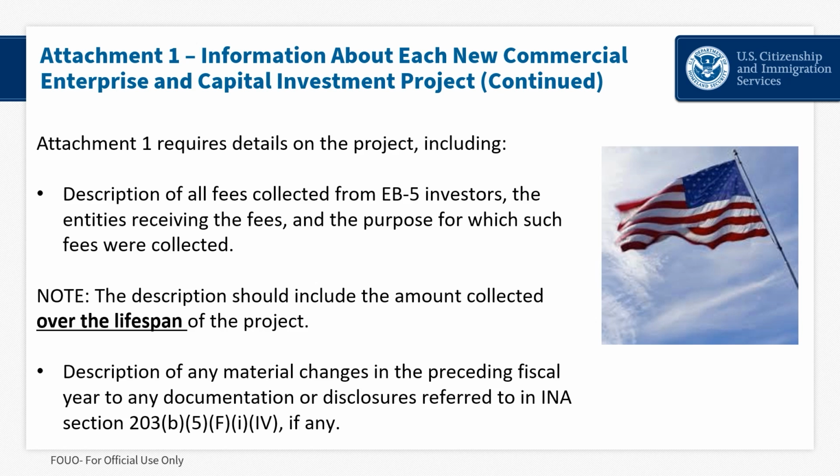Regional centers must describe the amount of fees, the names of the entities receiving such fees, and the purpose for which such fees were collected. The description of the fees should include the amount collected over the lifespan of the project.